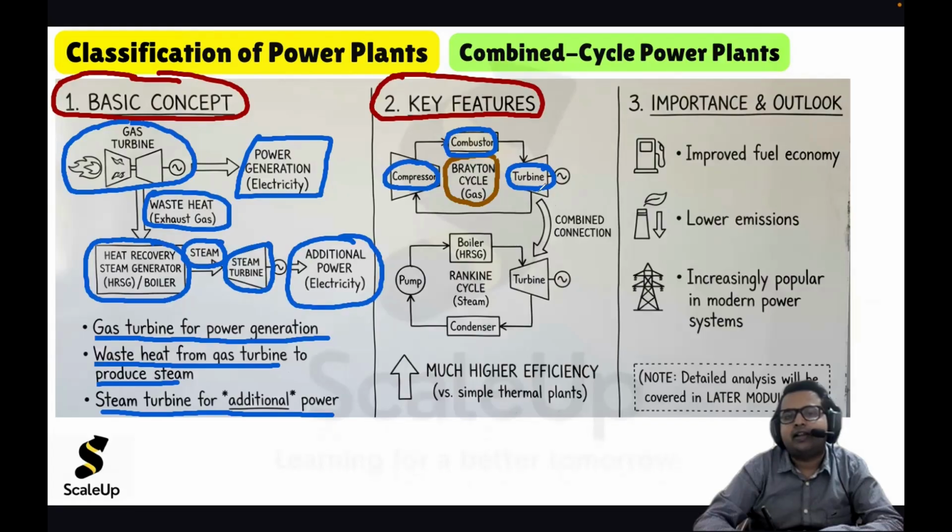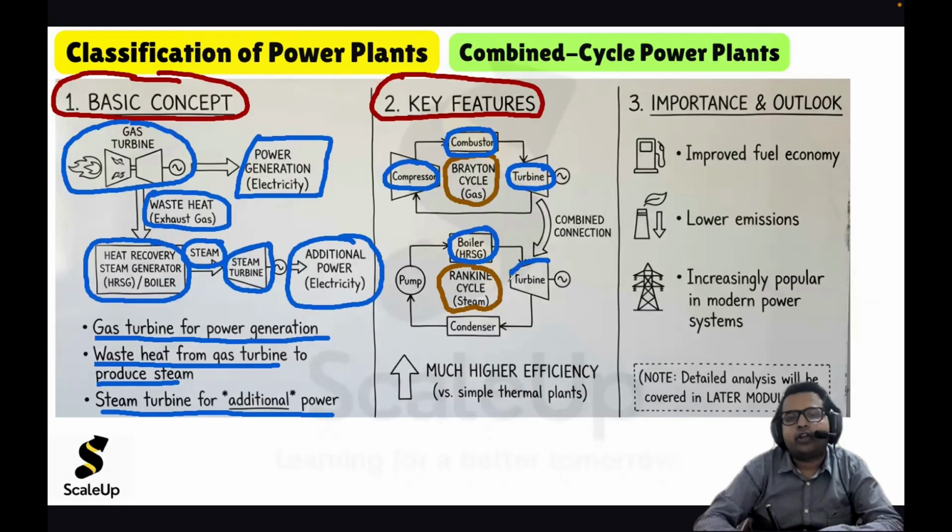Now the excess heat generated is supplied to the other system, which operates on the principle of the Rankine cycle. Here we make use of a heat recovery steam generator. It's actually a boiler. The waste heat from the gas turbine, in the form of exhaust gas, we are supplying to the heat recovery steam generator, the boiler. It will generate the steam.